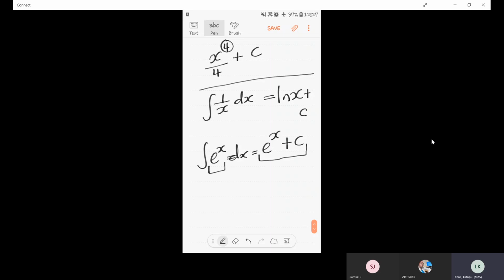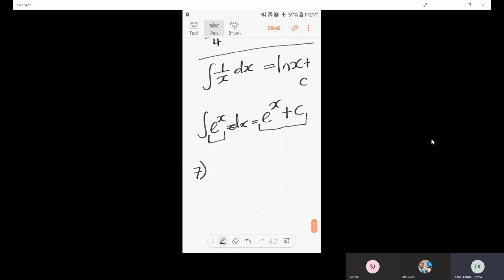Then this is number 7. I have the integral of a to the power of x dx. This is equal to 1 over ln of a, times a to the power of x, plus c.